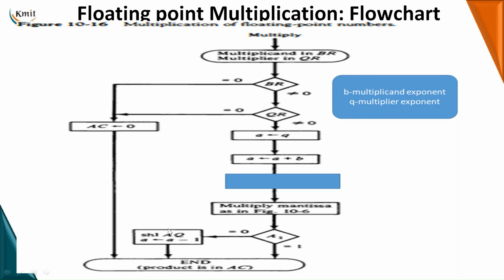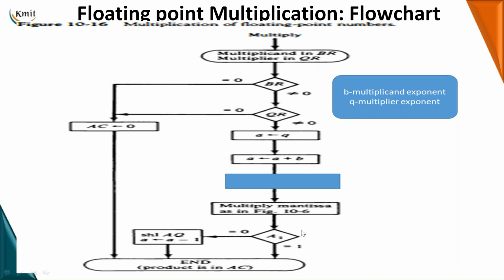Now this normalized product present in the AQ register has to be transferred to the AC register, because the product of your floating point multiplication has to be stored in the AC register. So you transfer the product from AQ to AC, and now the result of your product is stored in the AC register.